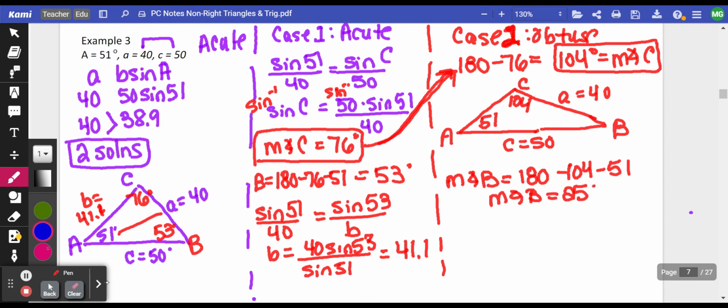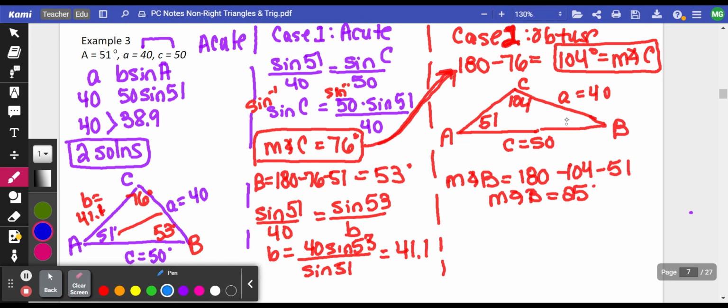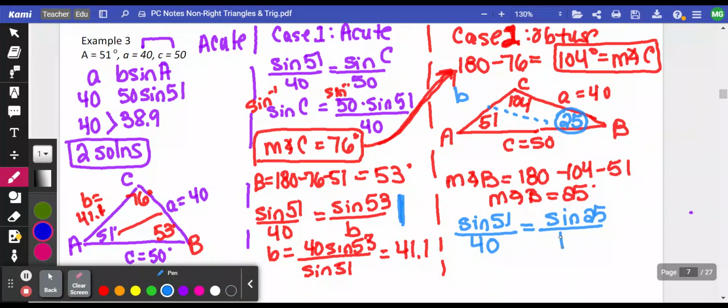We've now calculated that angle, which means we can calculate the side opposite it using, you know it, law of sines. So the sine of 51, we're doing almost the same thing we did here. Sine of 51 is to 40 as the sine of 25 is to B. As usual, cross and solve.